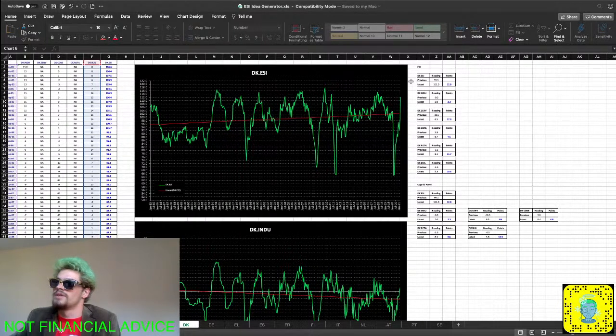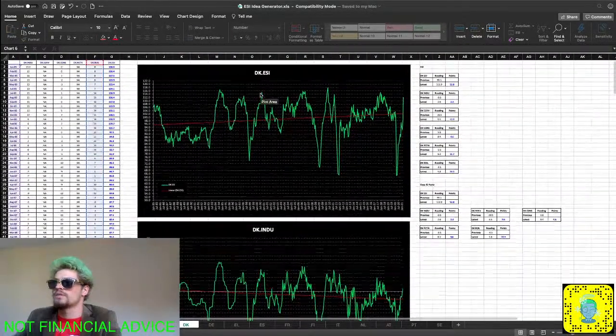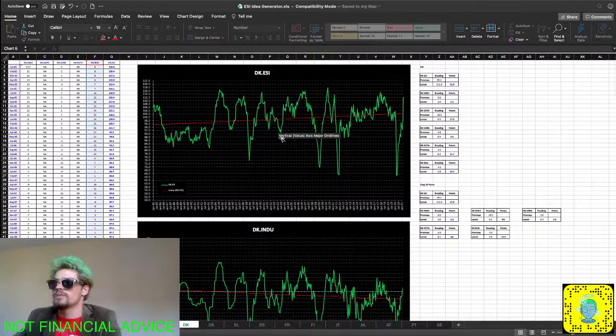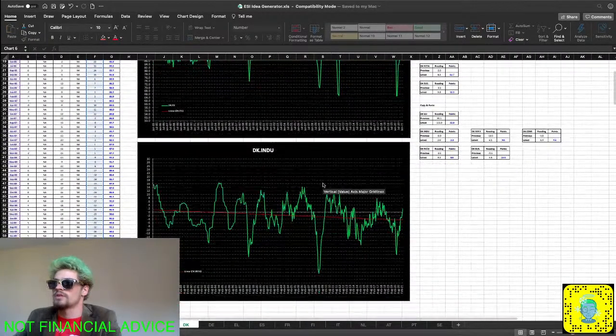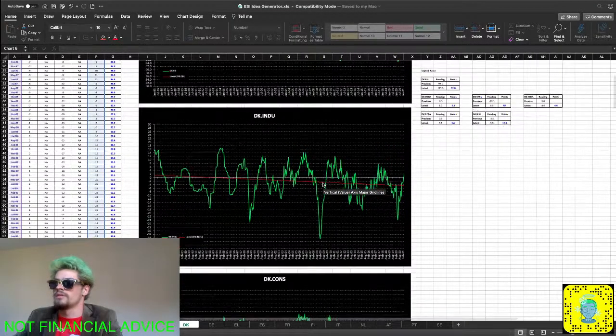As you can see, this is for Denmark. DK is for Denmark, and we can also see the categories for Denmark, similar to the categories we saw for the European Union.